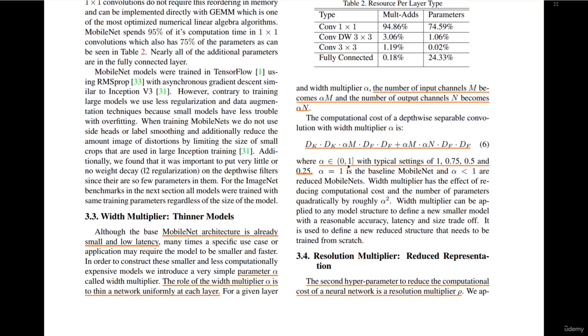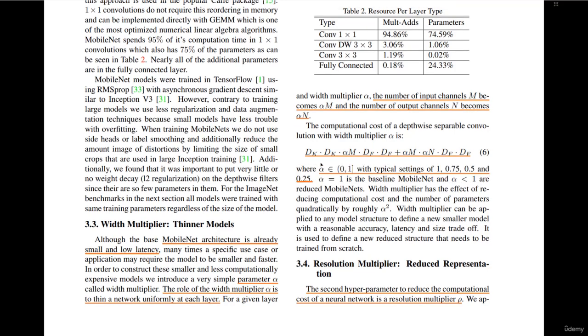So basically, as we said, we're trying to reduce the amount of computation by the model. So doing this will reduce the value of m by alpha, and alpha is typically set to values of 1, which is the standard form, 0.75, 0.5, and 0.25.